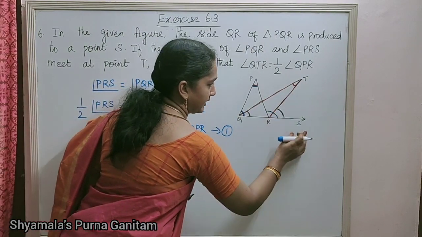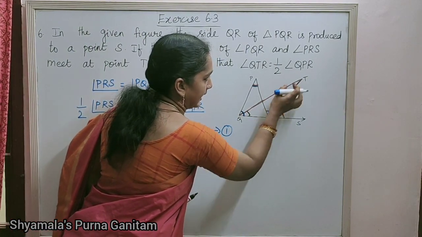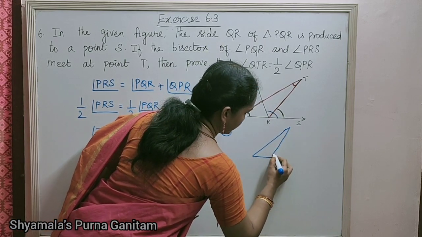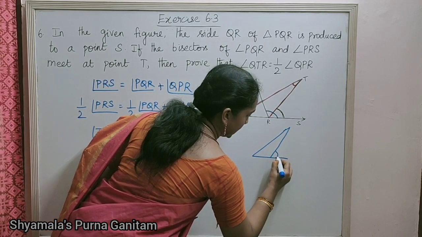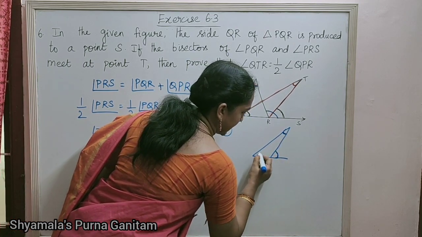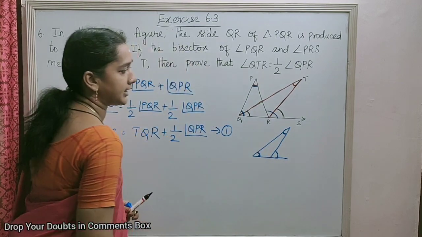TRS is the exterior angle of this triangle TQR. The exterior angle is equal to the sum of the opposite interior angles.